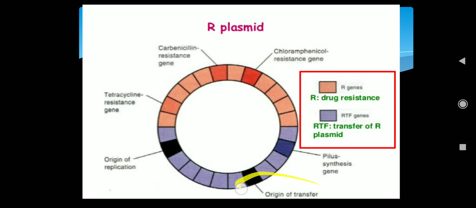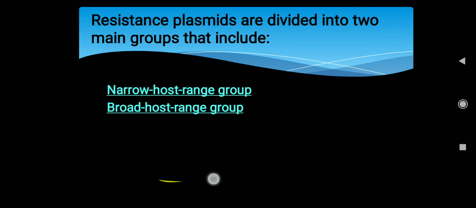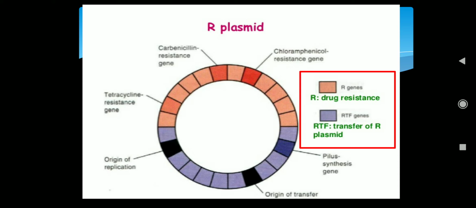They also carry the genes responsible for the origin of transfer, where they can synthesize the F pilus for conjugation, and they help in the conjugation process. So they carry the genes responsible for the transfer of the plasmid itself, and they can transfer the plasmid to another species.